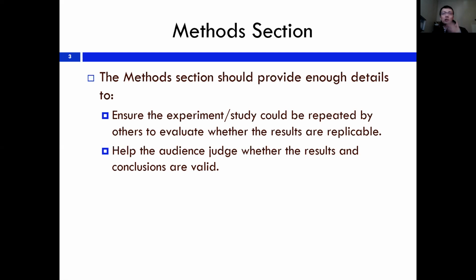Also, it can help the audience evaluate whether your results and conclusions are valid, because you provide people with enough information about what you did in the study. For example, if you run an experiment, you probably would have a manipulation, right? People would read about what the manipulation is like and what the participants did.